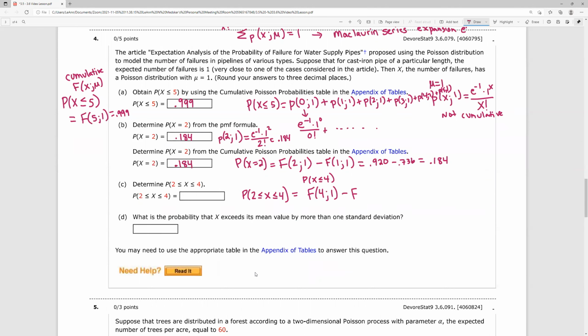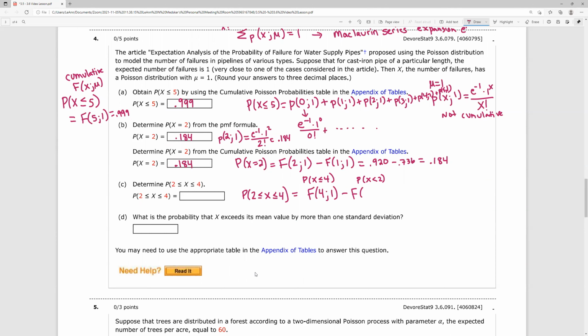If I do f of 2 and then 1, that's actually not going to be correct, because including the 2 means I'm including that probability in this value, and I would be subtracting it away from this. I want to actually keep the 2 in my answer because it's included here. So we want the probability that x is actually just less than 2, because that's all we want to subtract off. We want to subtract off the case of 0 and 1.